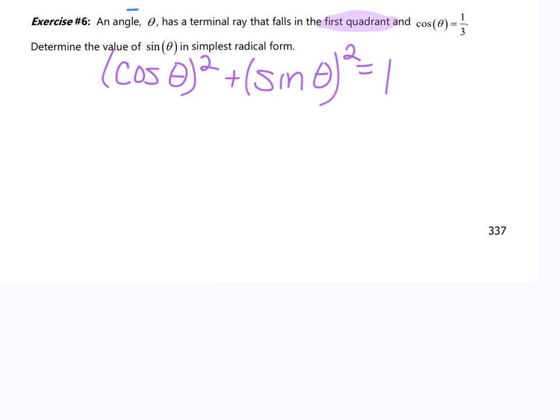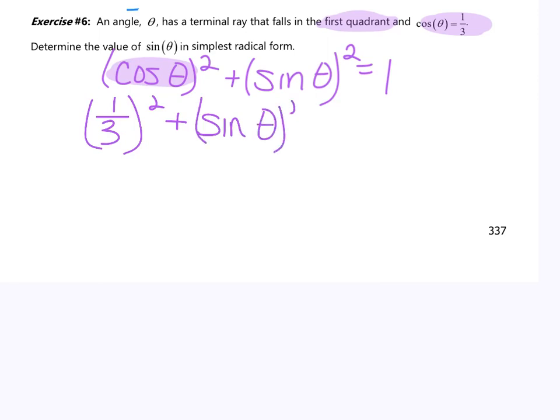And I'm going to plug in what is given to me, which is the cosine. So I'm going to plug that into there. So I have 1/3 squared plus the sine of theta squared equals 1. So let's square the 1/3, so that gives me 1/9.